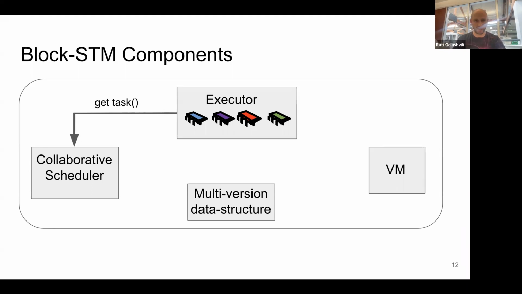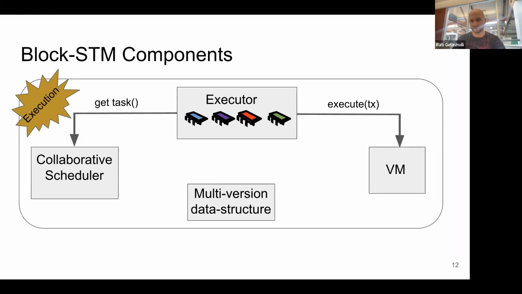So let's say you call get task, you get an execution task, and you go and execute a transaction. For this, we use a VM. We basically use it as a black box. However, we make an assumption, without loss of generality, but consistent with how our MoveVM works: the VM does the reads from a multi-version data structure that we'll explain, which is a wrapper on top of storage, but it never writes.